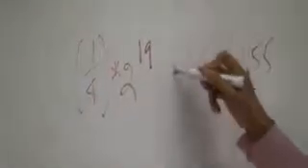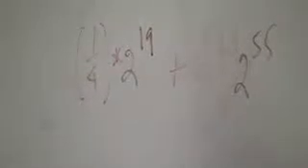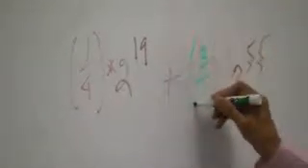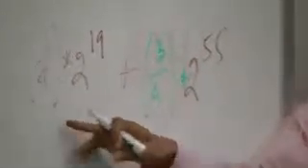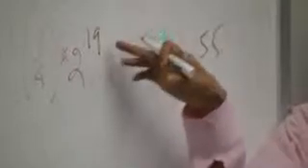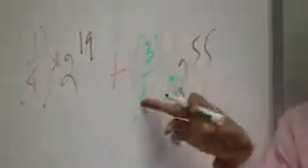So this is 1/4 times 2 to the power 19, plus, if 1/4 is the probability that the user's password is in the dictionary, then the probability that it is not in the dictionary is 3/4. So it's basically 1/4 times 2 to the power 19 plus 3/4 times 2 to the power 55.